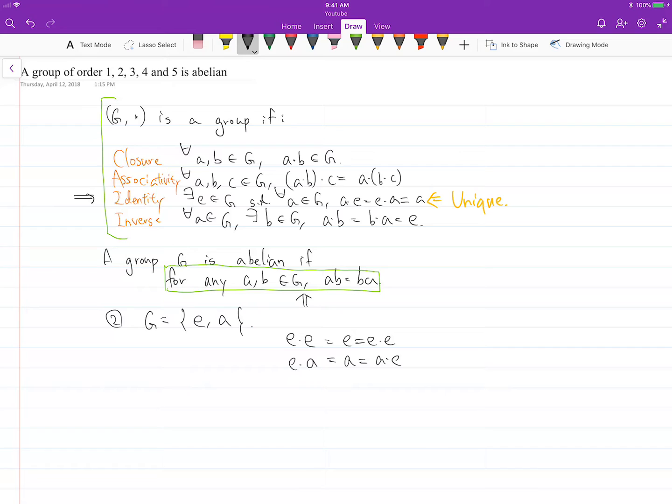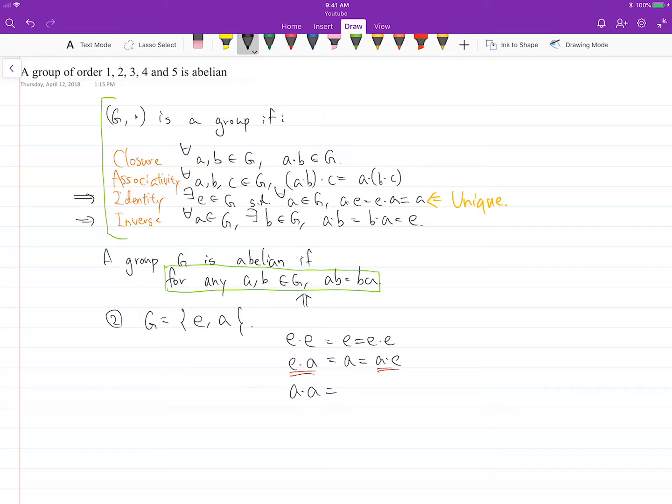And then the last possible pair, because here we show that E times A equals A times E, the last possible pair is A times A. And what's A times A? Now we are going to look at this inverse. So A is an element in a group, so it has to have an inverse.